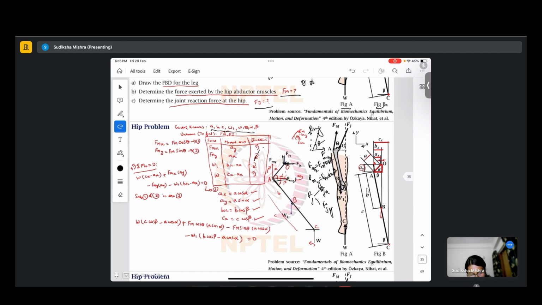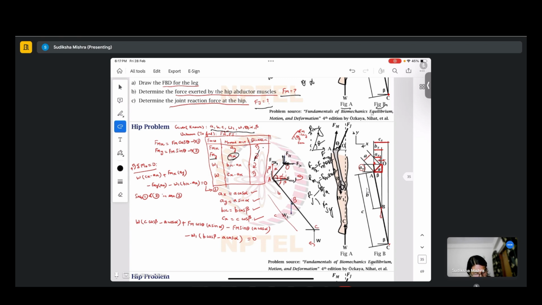Fmy is at a distance of ax from the origin, and the direction is here, therefore it will move in the opposite direction, in the clockwise direction.